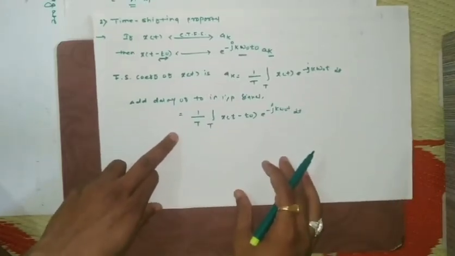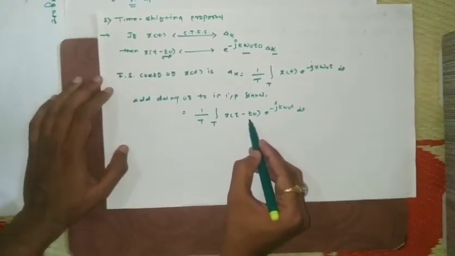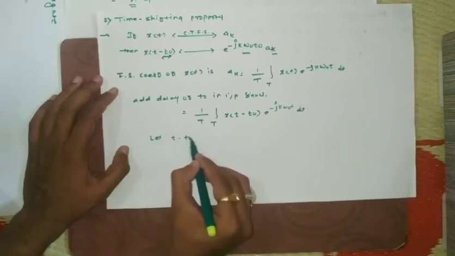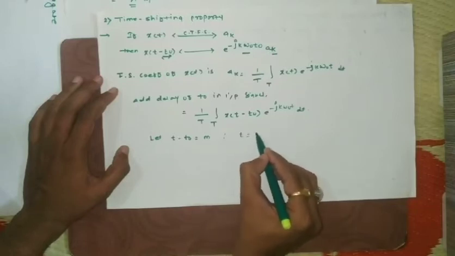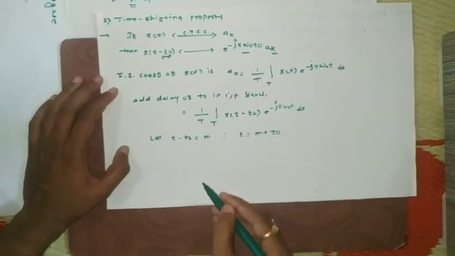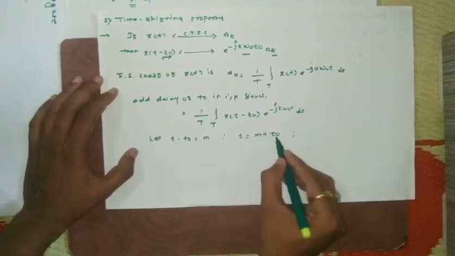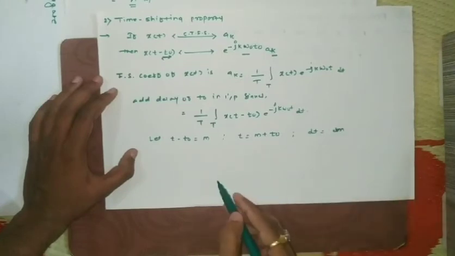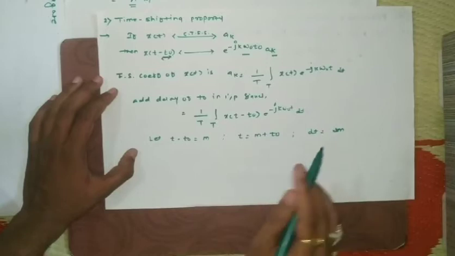Now in order to proceed, we need a single variable term over here because the input signal should be a unique one. So I can substitute t minus t naught as m. So t becomes equal to m plus t naught, and if I take the differentiation on both sides, we get dt is equal to dm, because t naught is constant and the differentiation of t naught or any constant term is 0.